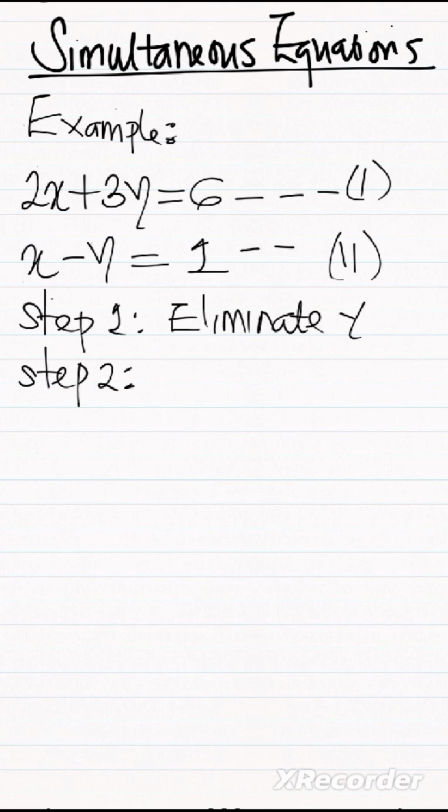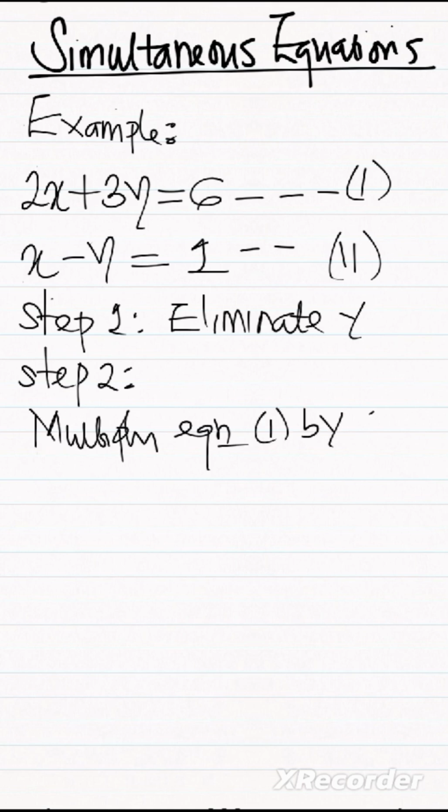So this simply means in order to carry out step 2, we'll multiply equation 1 by 1, which is the coefficient of y in equation 2, and equation 2 by 3, which is the coefficient of y in equation 1.